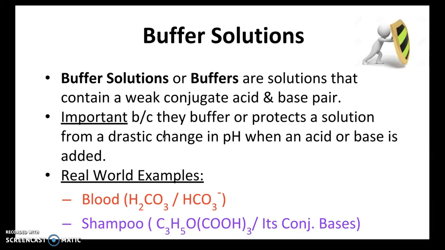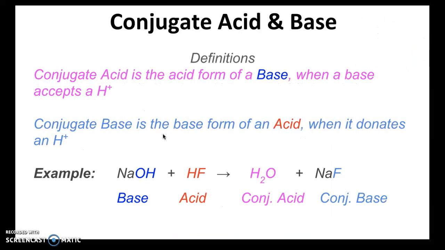Buffers just make sure that the increase or decrease is not very dramatic. Real world examples: we've mentioned blood, but also shampoo. There are many other examples where buffers maintain the pH of the solution.